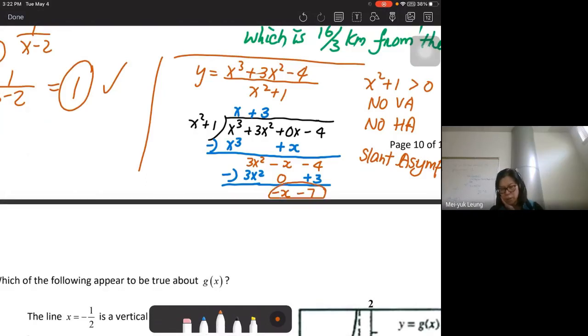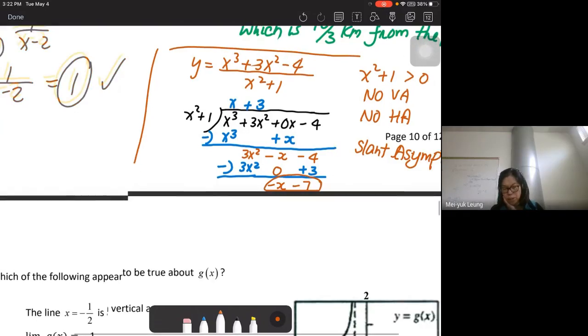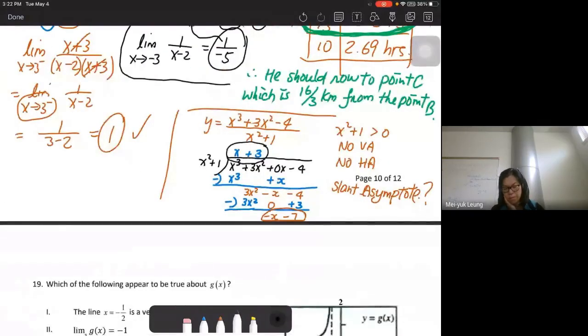Remember, this is the remainder. But the equation of the asymptote is all based on the quotient. So that means the equation would be y equals x plus 3. Okay? So that is the quickest and easiest way to come up with the equation of the slant asymptote, using long division.